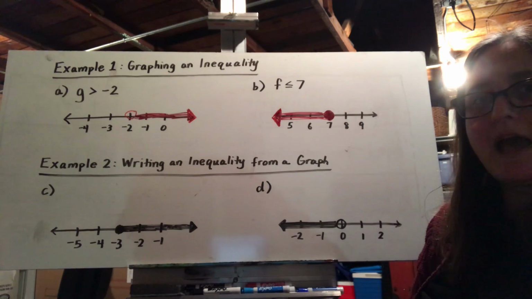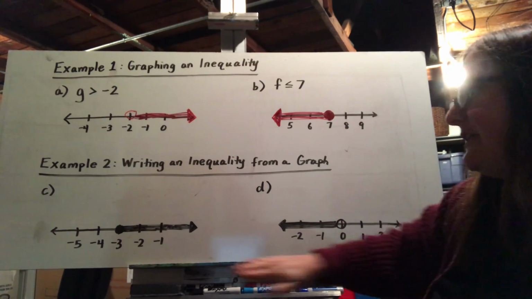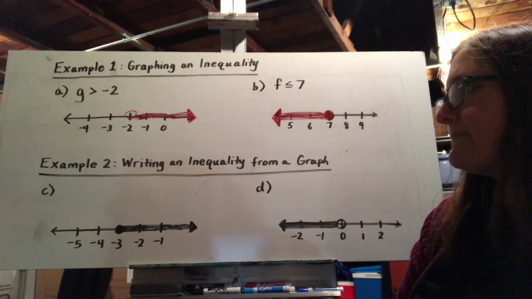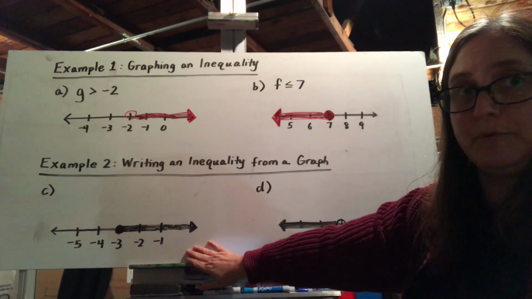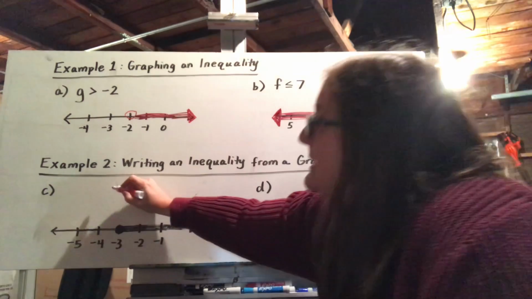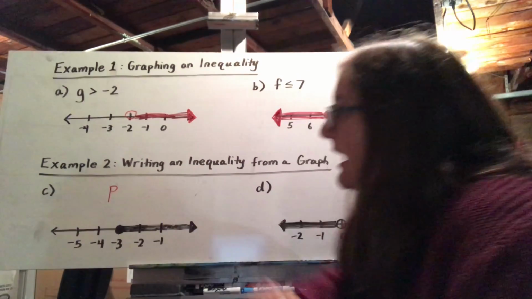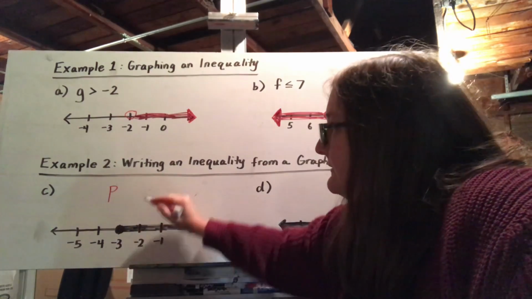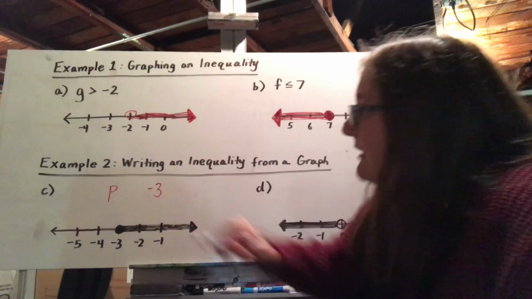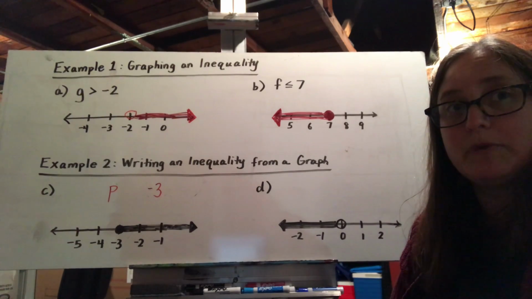Now we can also do the opposite. We can be given a graph and asked to write an inequality. So in this case, I'm going to have a variable. It doesn't matter which variable I pick. Let's say I pick p. And I'm comparing p to -3. I know that because my dot is at -3. Now I have to decide what sign is going in between those two.